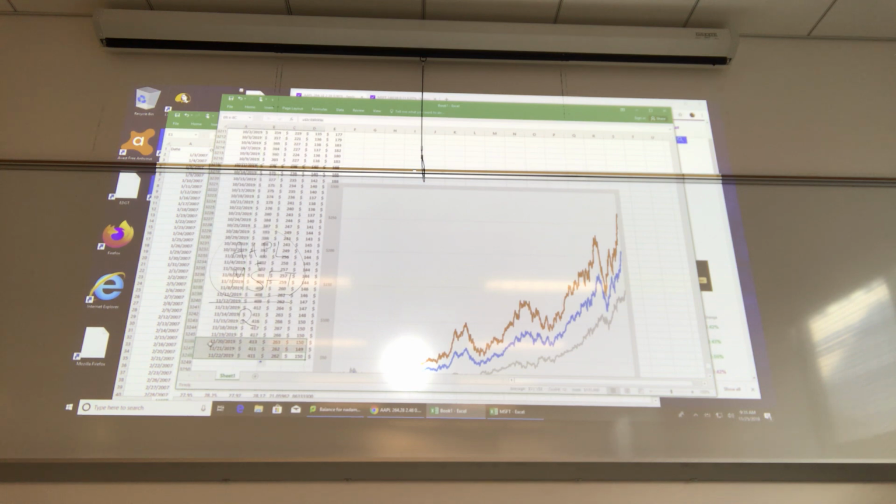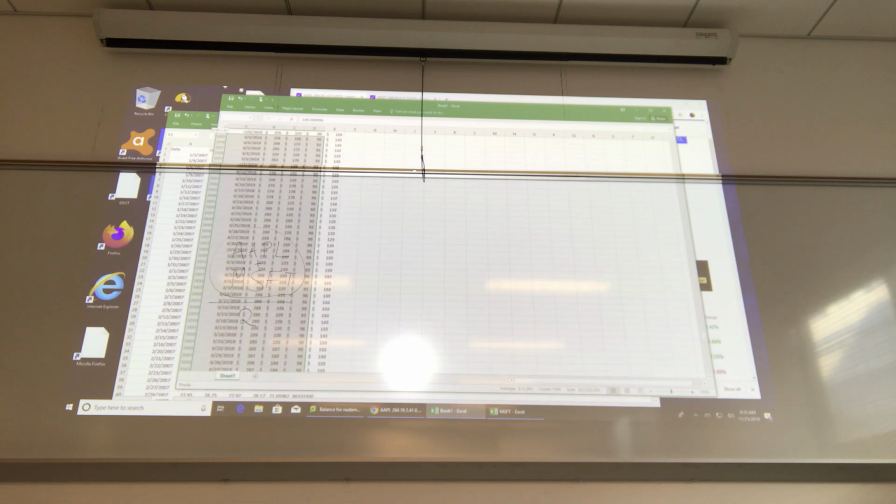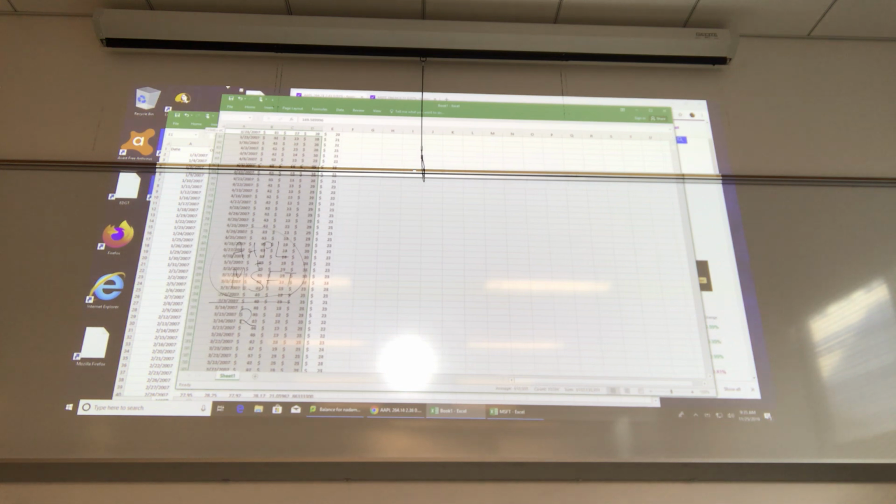And now I make another graph where I actually graph both stocks and their total part. And I want to compare what I will have now.